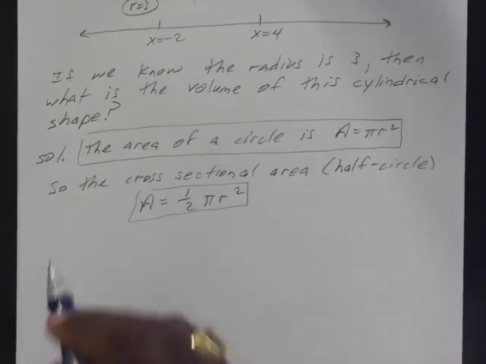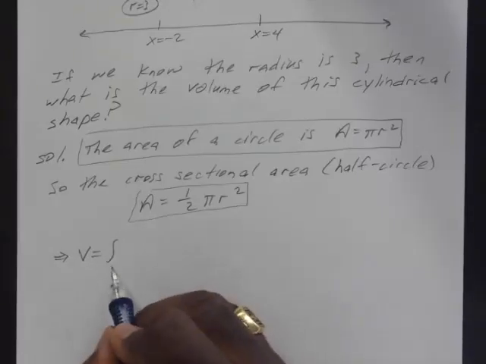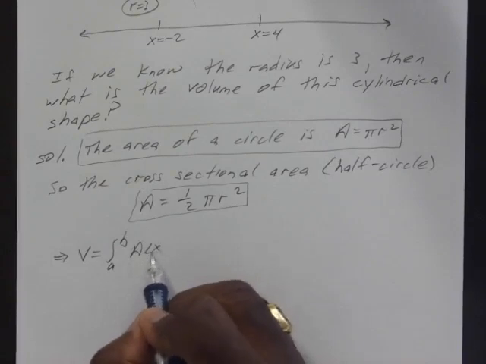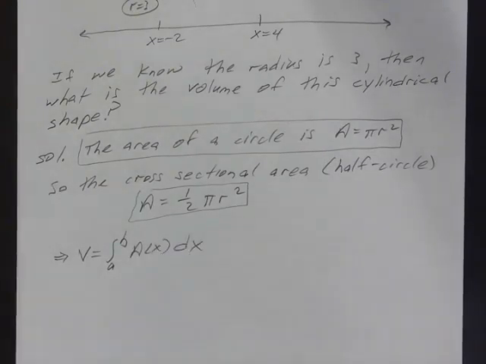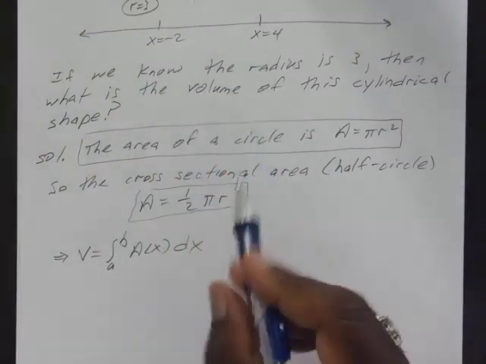Okay, so we know that the volume is equal to the integral from A to B of your cross-sectional area times your width. So we know that our interval is from -2 to 4.